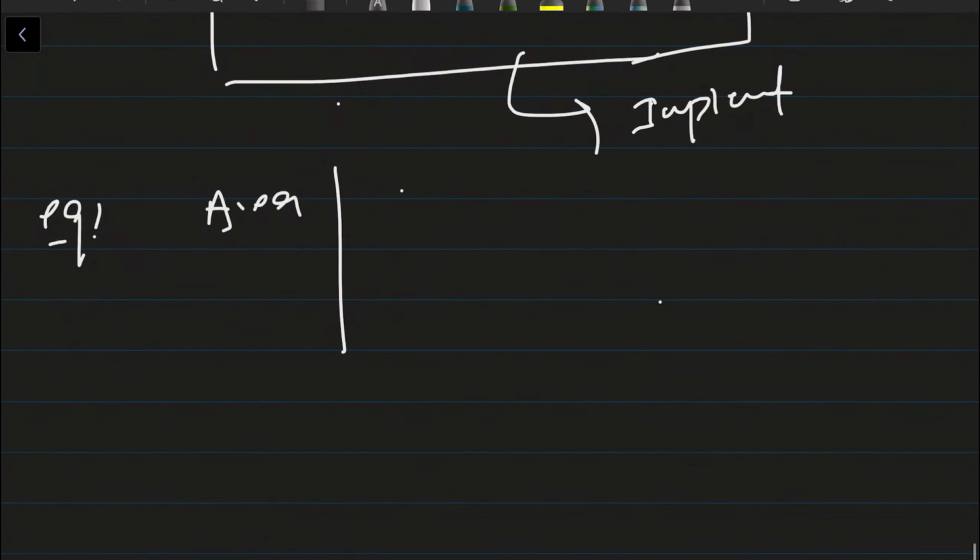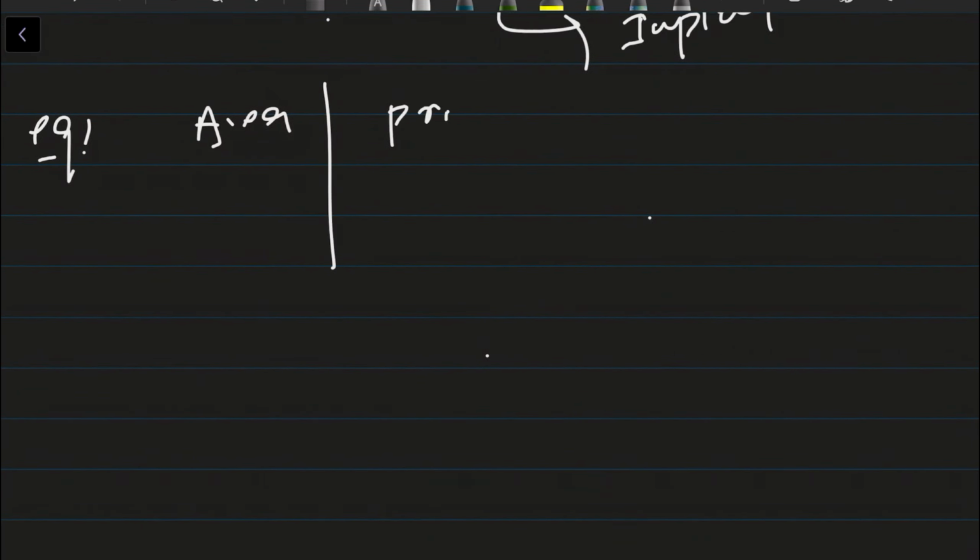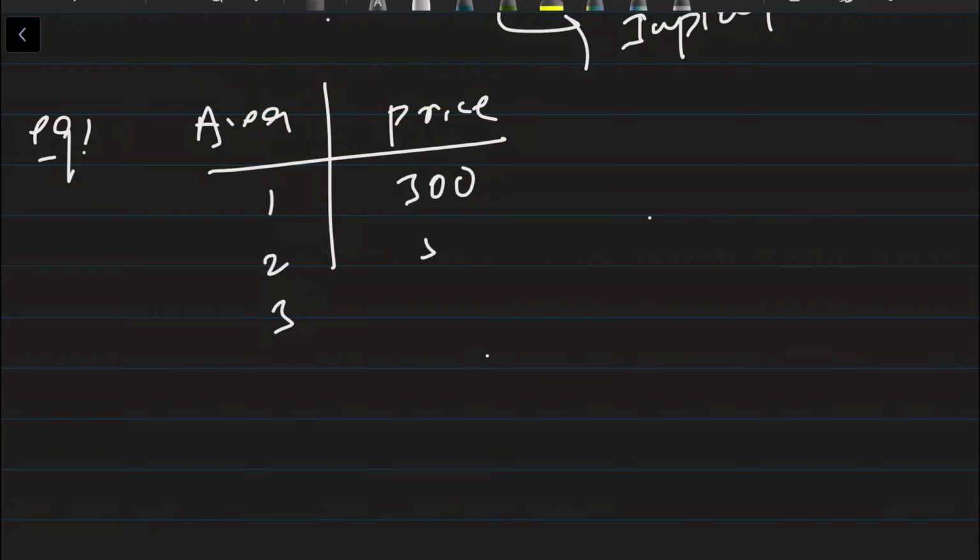Area is 1, 2, 3 and price is 300, 500, 700. I'm taking this as an example.